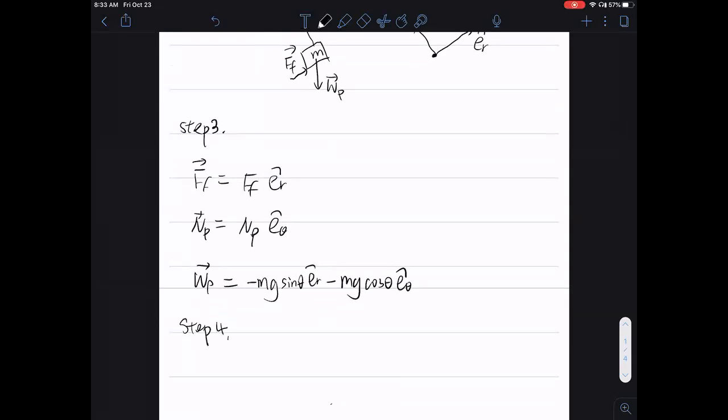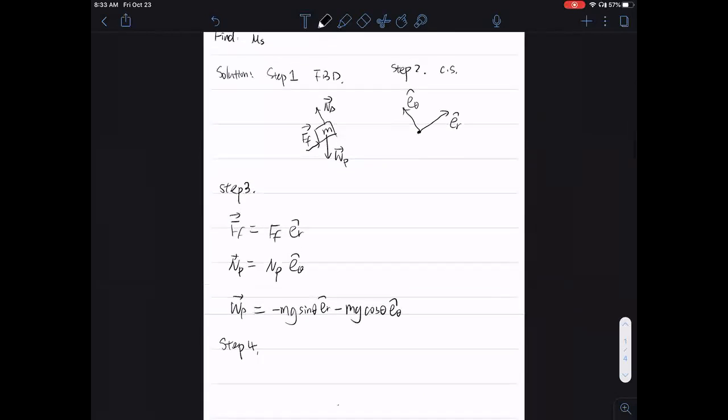Step 4. I think step 4 is definitely the interesting part of this problem. Acceleration. How would you write the acceleration equation for that particle, for that block P? We already set up the polar coordinate system. What is the acceleration equation under the polar coordinate system?